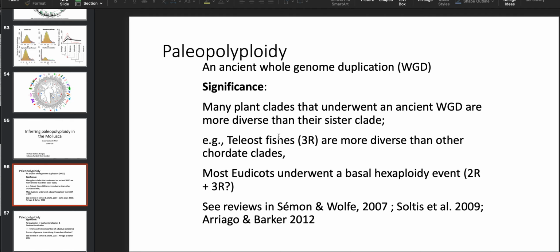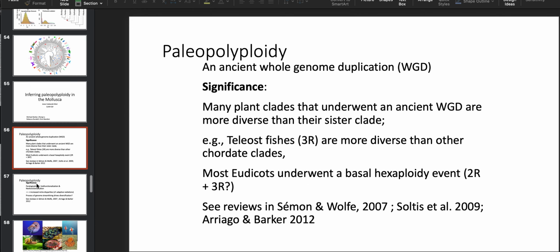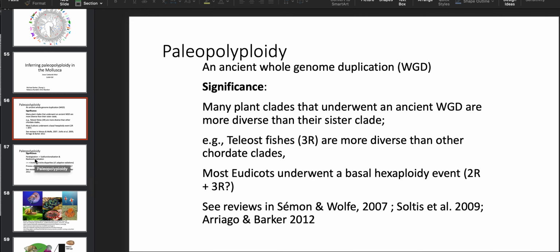Teleost fishes have undergone whole genome duplication events. In general, the duplicating-your-Swiss-Army-knife logic applies to some of these, but there are not always hard and fast rules that organisms that have undergone a whole genome duplication event are always more diverse than their sister groups.